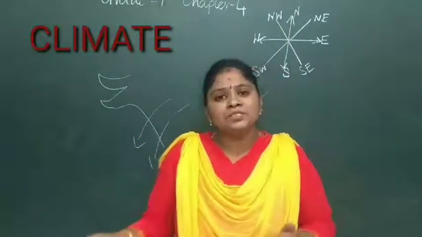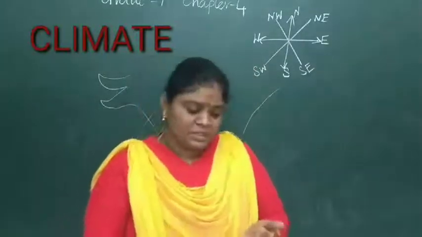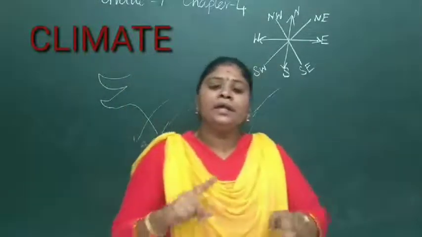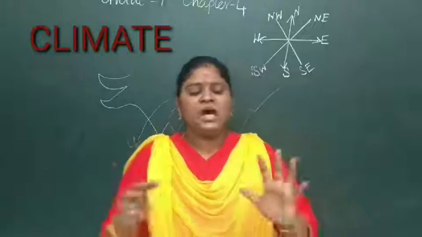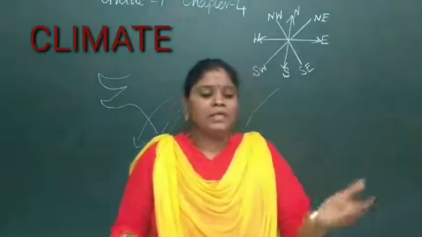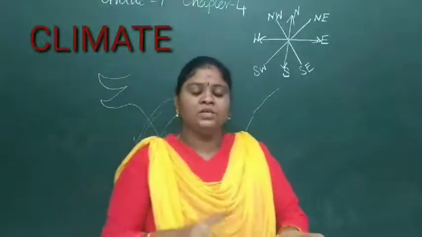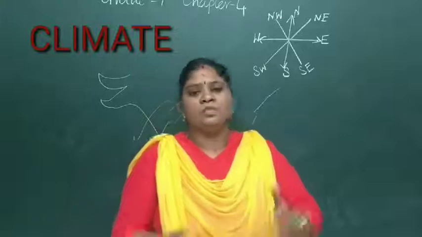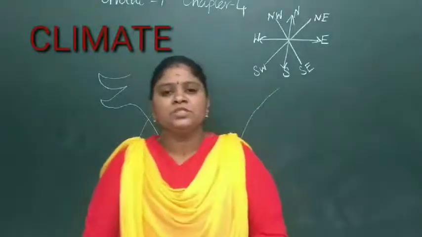They are classified as hot weather season, cold weather season, advancing monsoon and retreating monsoon. You can also call them the rainy season, winter season, summer season, spring season and autumn season. Like that we have the classification.